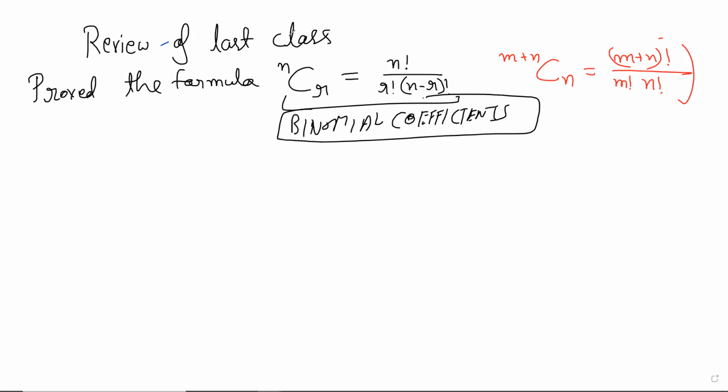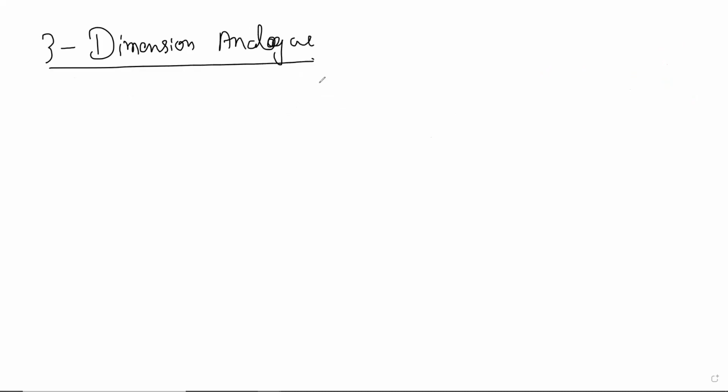But now we will do a 3-dimension version, which will help you to discover multinomial coefficients. But we don't need those words right now. The 3-dimension analog of the path of the lattice walk problem.